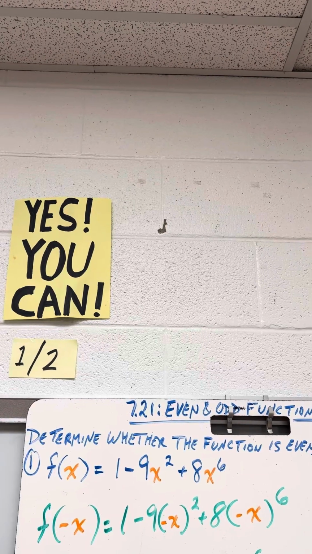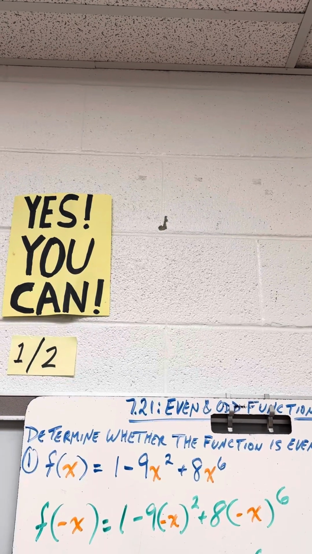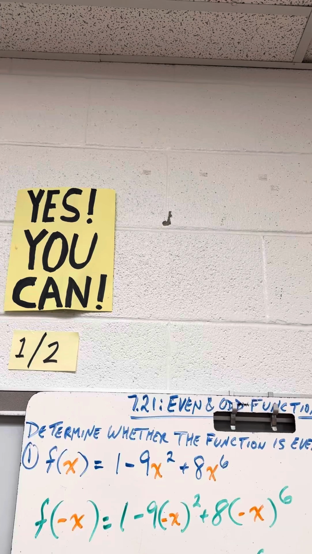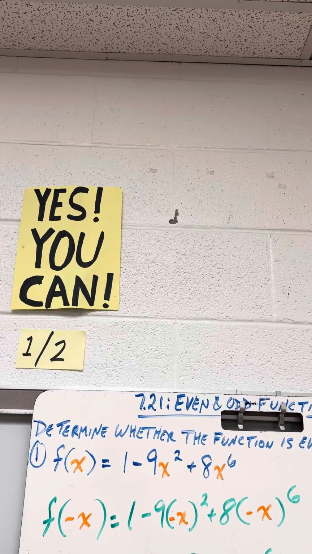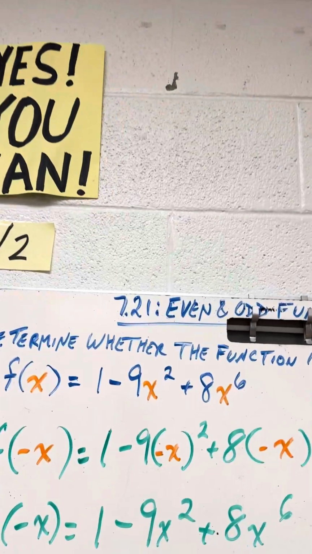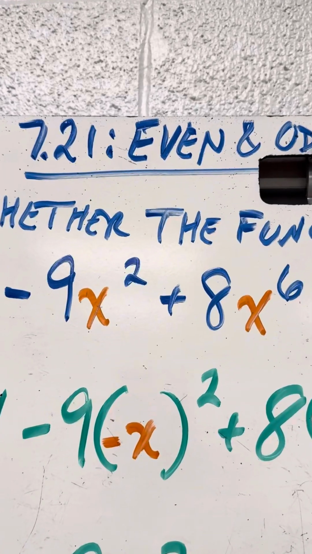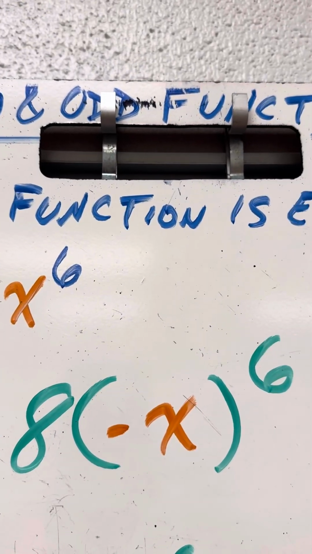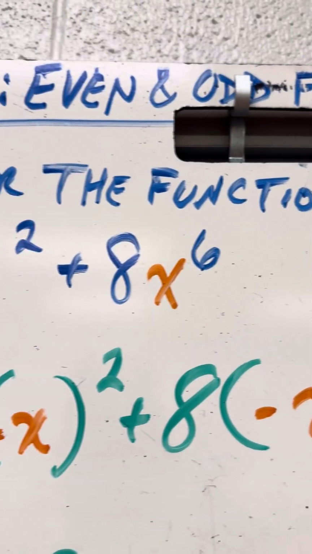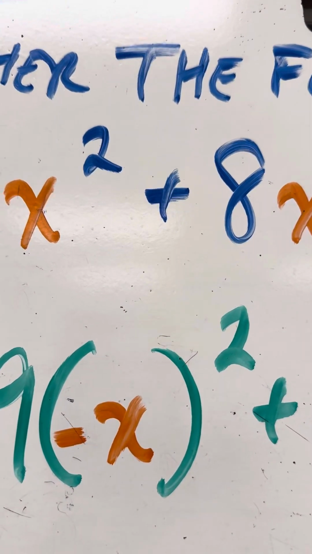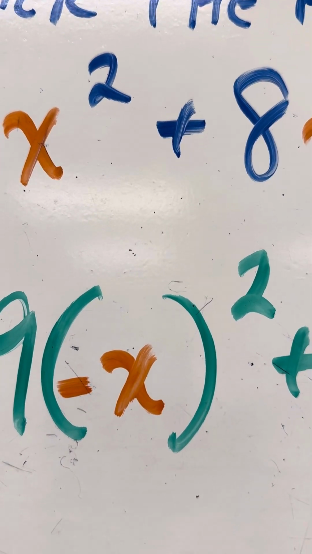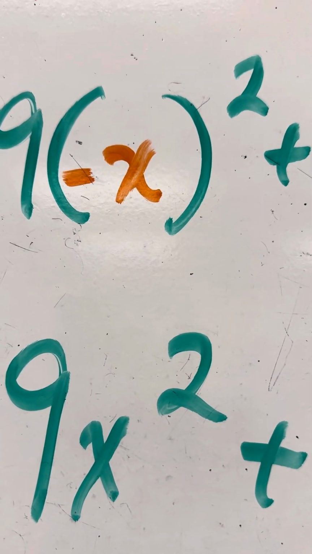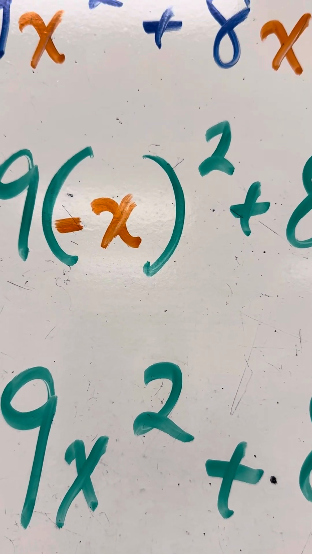And if these two match, it's even. If I put in negative x, notice I will get negative 9 times negative x to the second and 8 times negative x to the sixth. Does it make sense that negative x to the second will still come out to be x to the second, because negative times a negative is a positive?